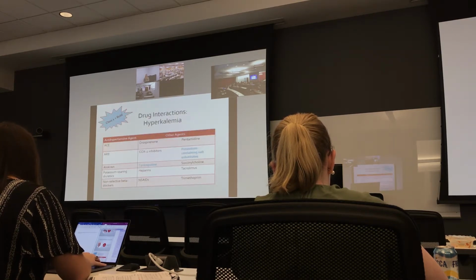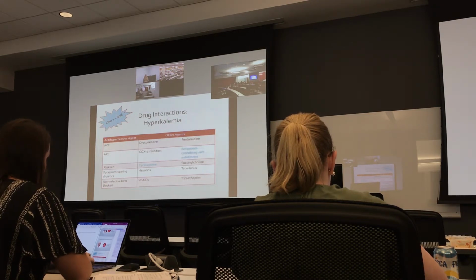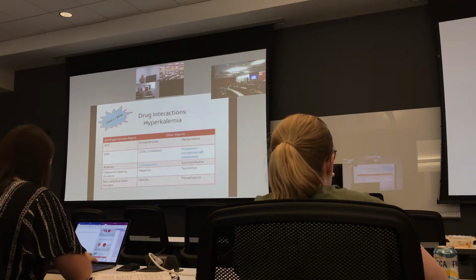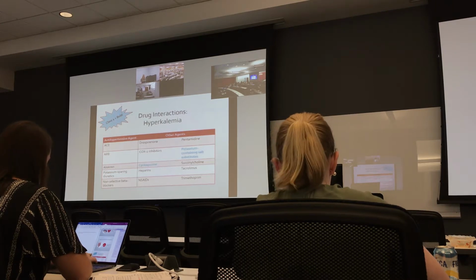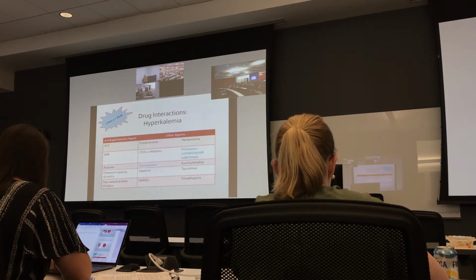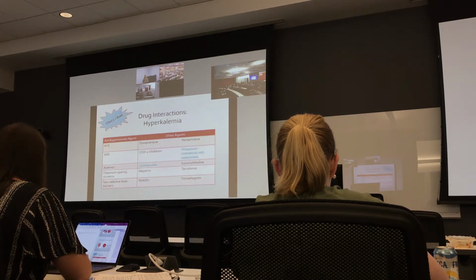When we think about hyperkalemia, think about a lot of our blood pressure agents, so ACE inhibitors, ARBs. We don't really use aspirin that much anymore, but you do see it in some patients.